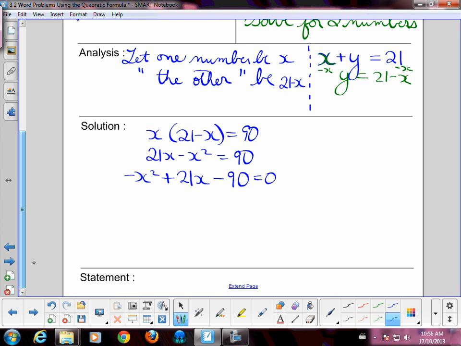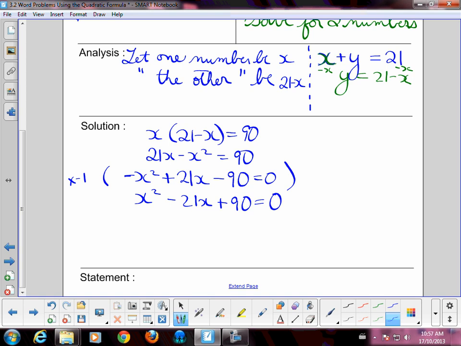To be honest with you, I don't like the negative in front of the x squared, so I'm going to multiply the whole equation by negative 1. So I end up with x squared minus 21x plus 90, and that would be 0 still, because if I multiply 0 by negative 1, I still get 0.